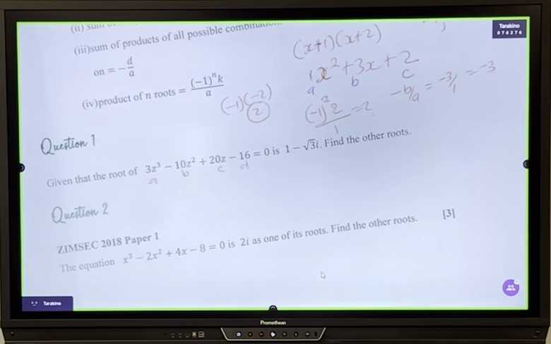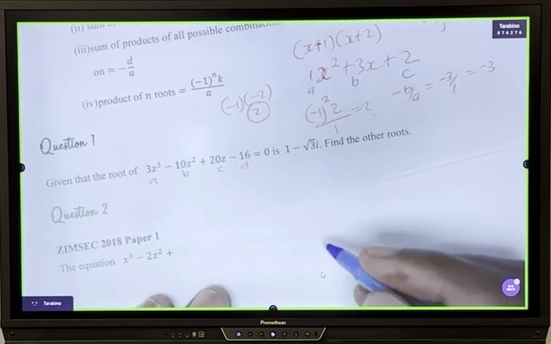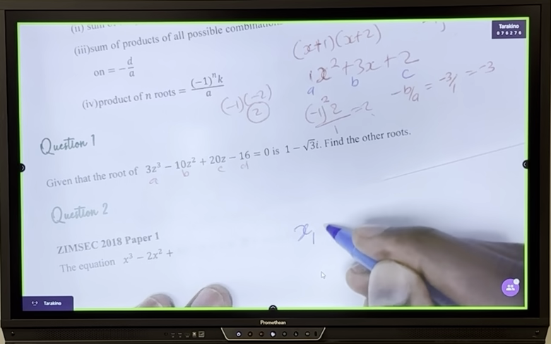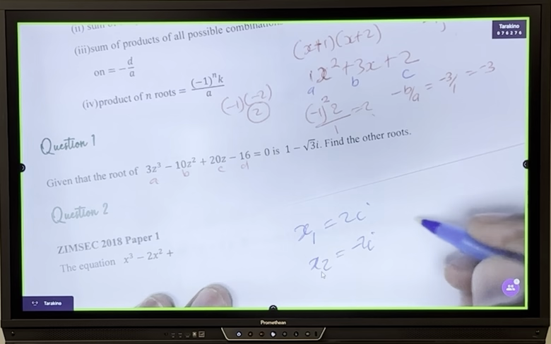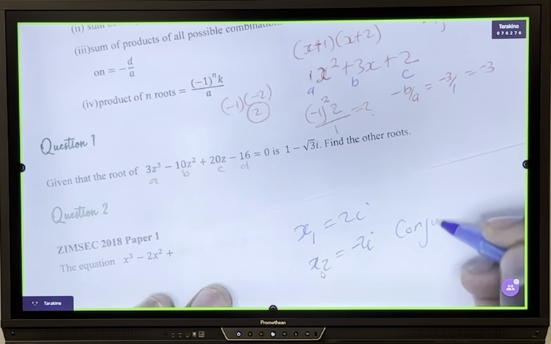Then we also want to solve this question, which is the ZIMSEC 2018 paper 1 question. The equation x cubed minus 2x squared plus 4x minus 8 is equal to 0 has 2i as one of its roots. Find the other roots. If one of the roots is 2i, another one will be minus 2i, which is the conjugate.